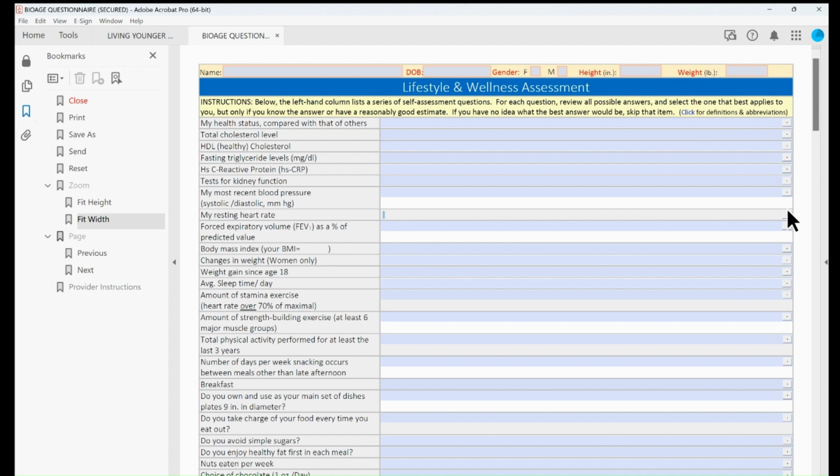Then you may enter additional information that was left blank if you have it available, such as lab results, nutrition analysis results, etc. The more information that's entered into the system, the more accurate the result will be.